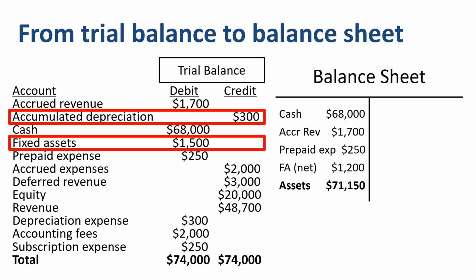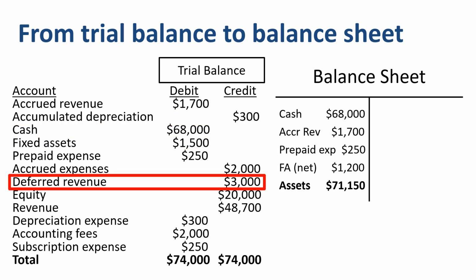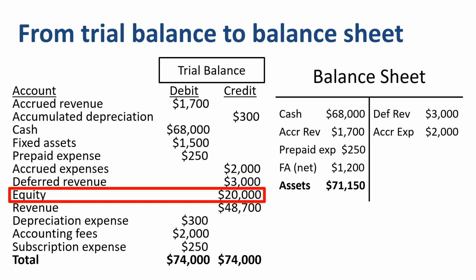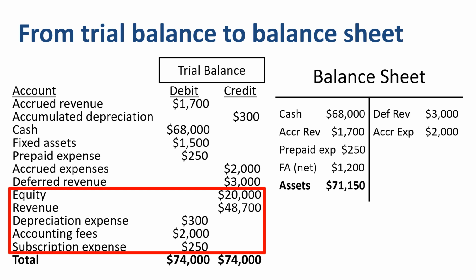On the other side of the balance sheet, we start with liabilities, which we list from due first to due last. Deferred revenue of $3,000 and accrued expenses of $2,000. What about equity? Here we have to take into account that at the end of the accounting period, the results of the income statement during the accounting period get added to the balance sheet position at the end of the accounting period.